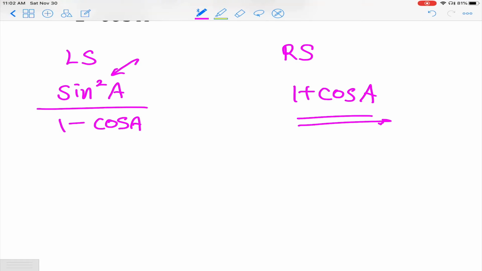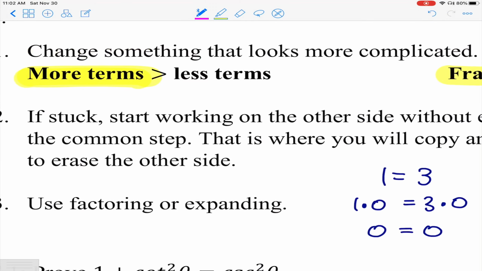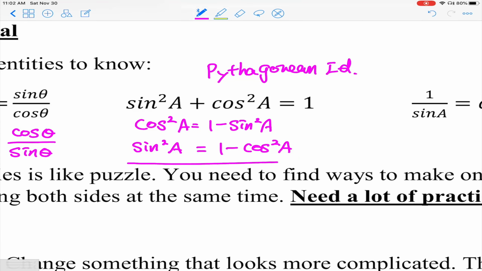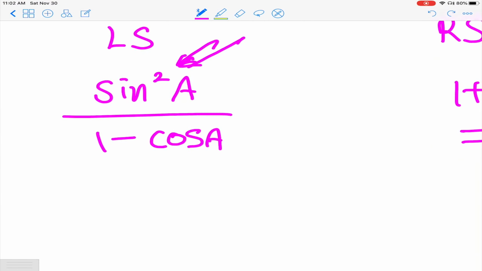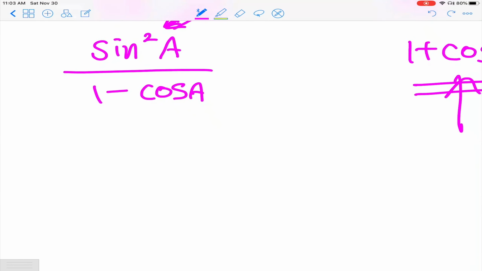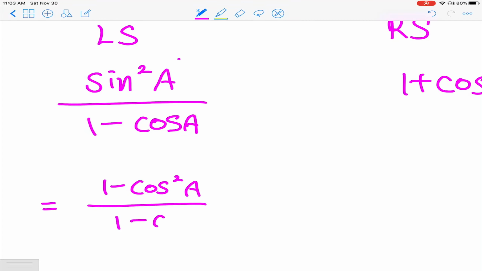The second thing is the right side doesn't have any sine, but I do have a sine, so I have to get rid of the sine. In the Pythagorean identity, there's a way to remove the sine squared by isolating it: sine squared a equals 1 minus cos squared a. We can then change this to (1 minus cos squared a) over (1 minus cos a).